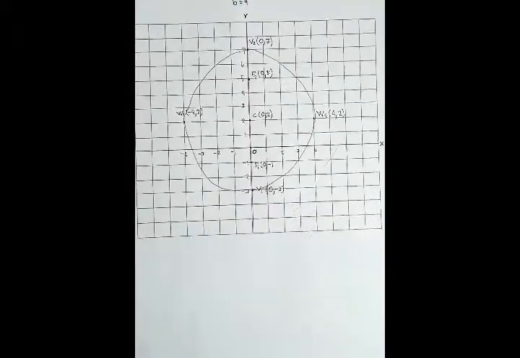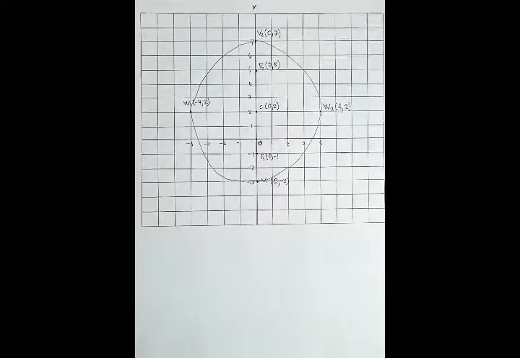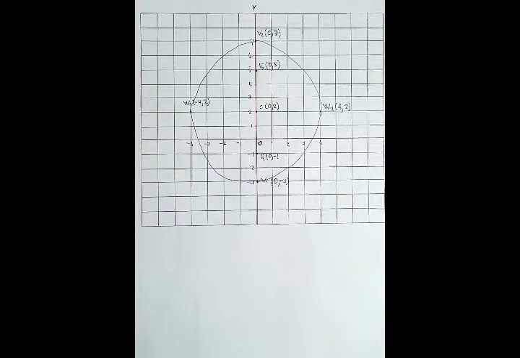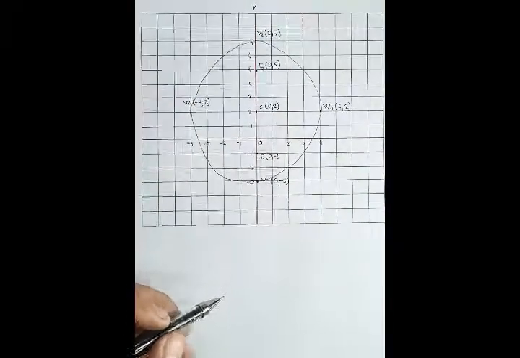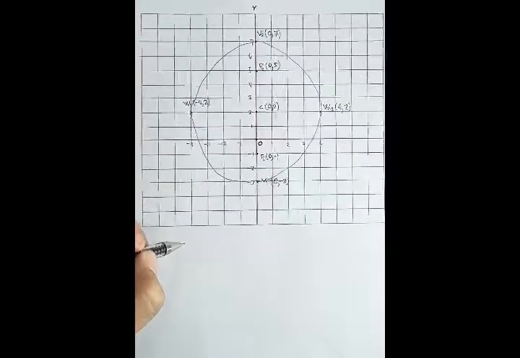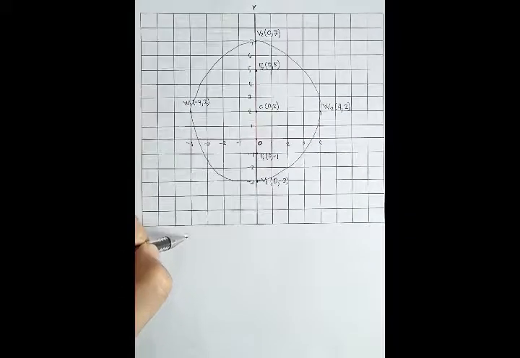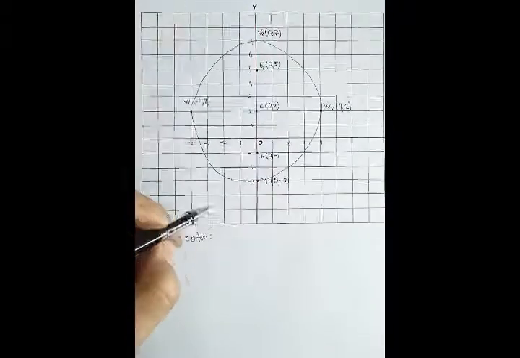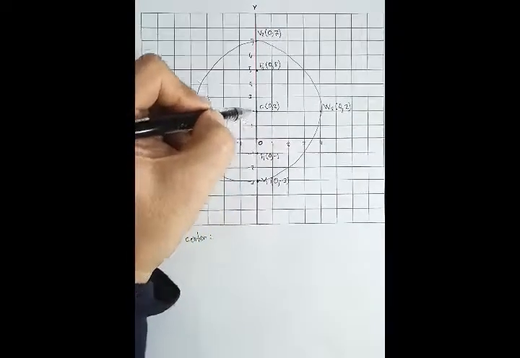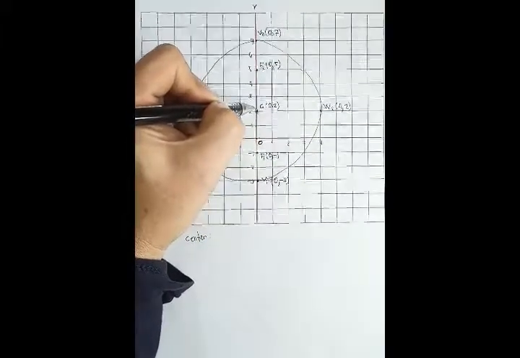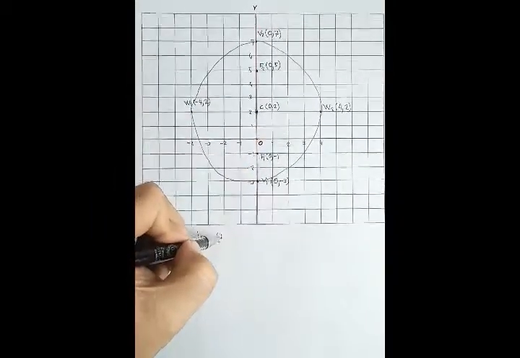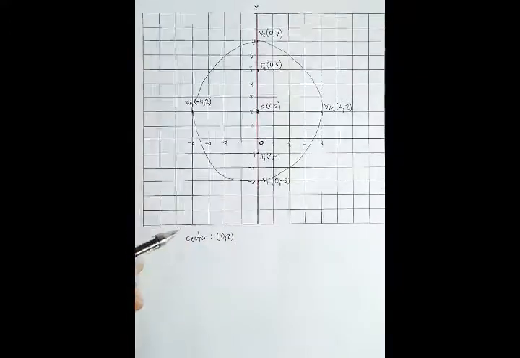So we can now make a summary of our points. First, the center. The location of our center, the center of the ellipse, is 0 and 2.